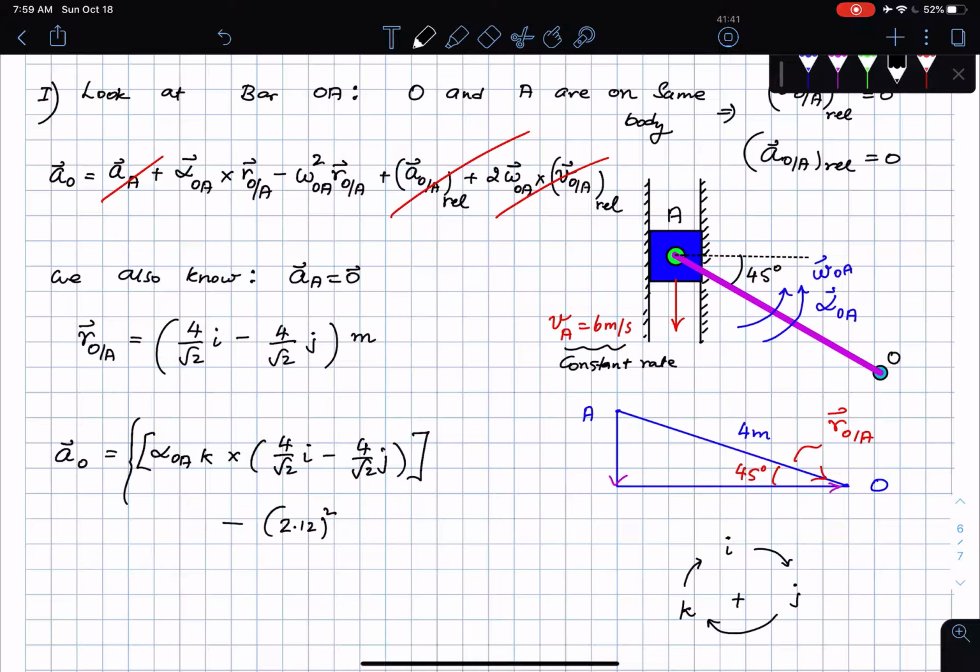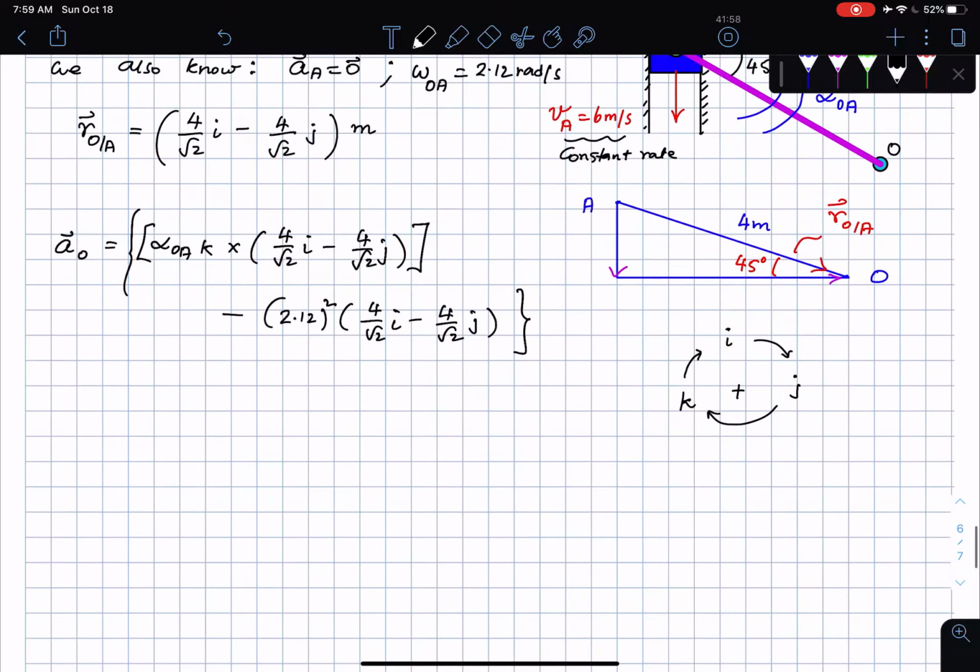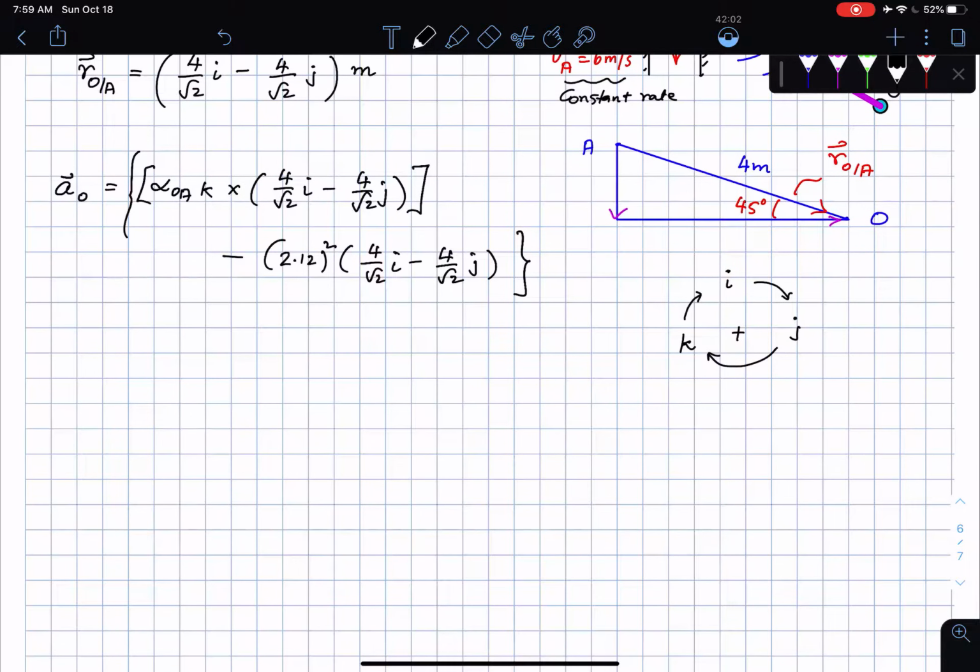We found out omega OA was 2.12 radians per second, and this is multiplied by 4 by root 2 I, 4 by root 2 J. Now I can rewrite this with K cross I, K cross J. Let me do that very quickly. So acceleration of O is going to be the following. I'm going to do this cross product quickly. Look at this.